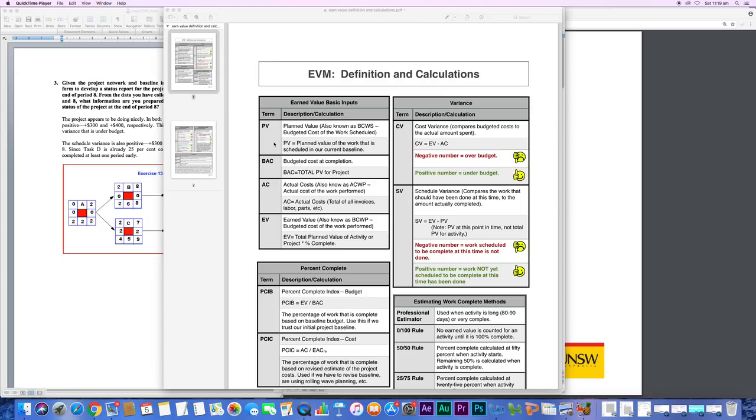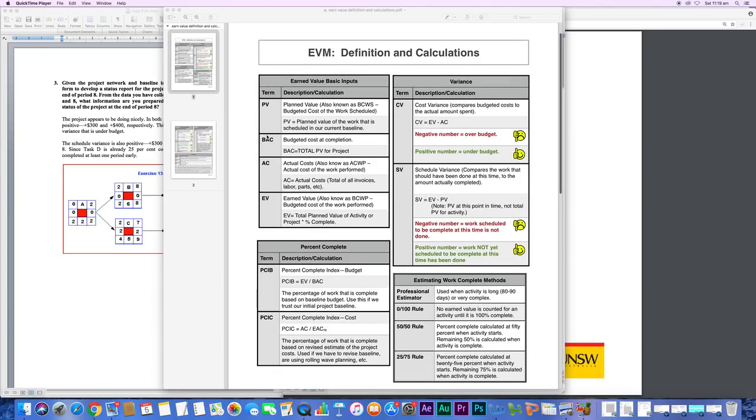So remember, there are 5 basic group processes in project management. Planning is the second one. And now we are in the 4th one, which is monitoring and controlling. What do we do in monitoring and controlling? We are comparing how we are actually going in our project with everything that we planned in the planning phase.